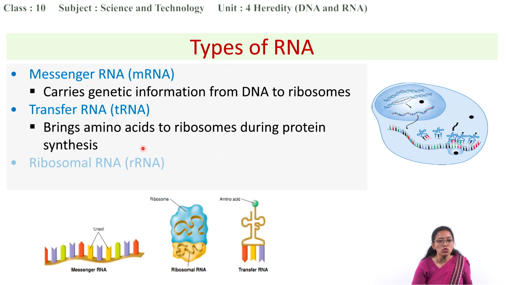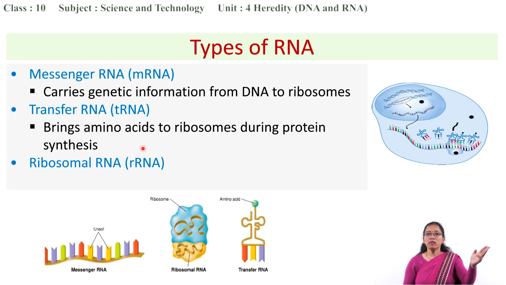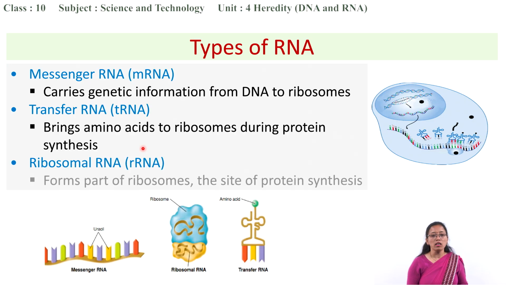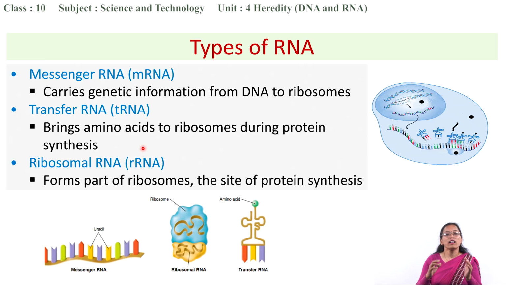Dear students, next RNA is ribosomal RNA, which is present in the ribosomes, and it is the main RNA that synthesizes the protein. There are 3 RNAs that combinedly work for protein synthesis. mRNA brings the message, the information from the DNA. tRNA brings the amino acids from the different parts of the cell to the ribosome, and ribosomal RNA present in the ribosome helps to perform the protein synthesis.